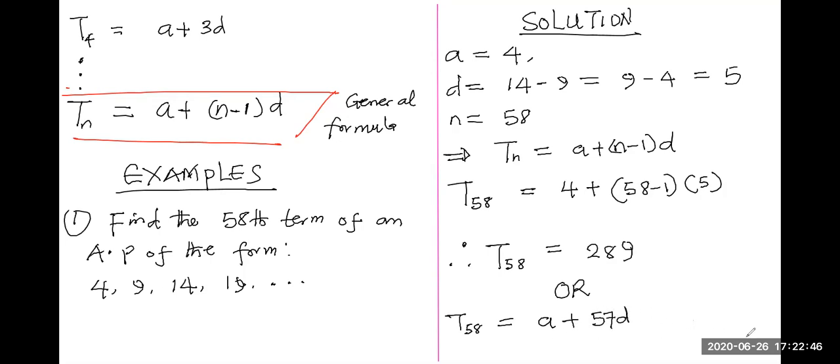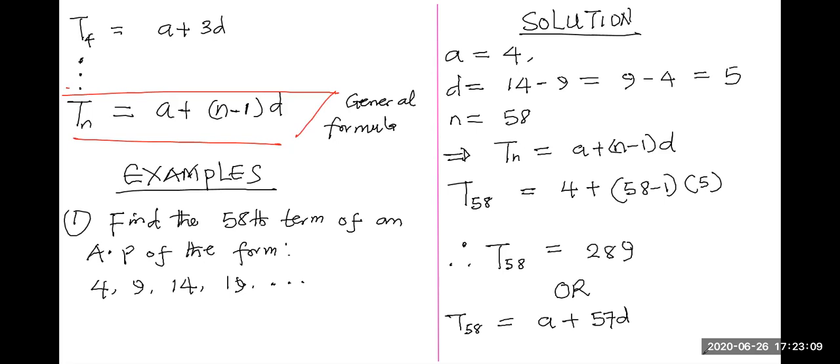When we substitute, we are going to have 4 plus 57 multiplied by 5. I will now also say that our T58 is equal to 289. So this is how we can apply the individual formula and also the general formula on AP.